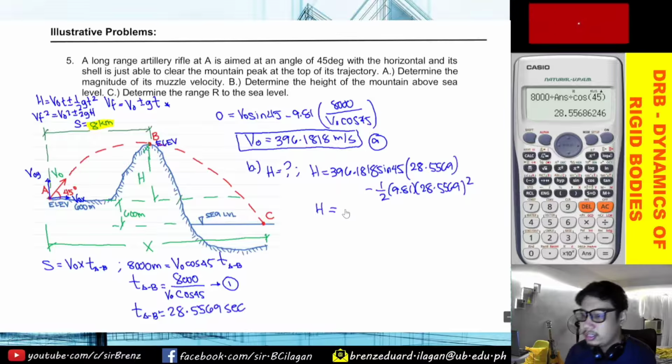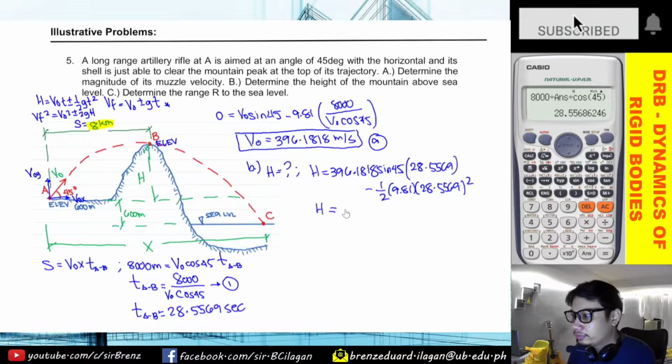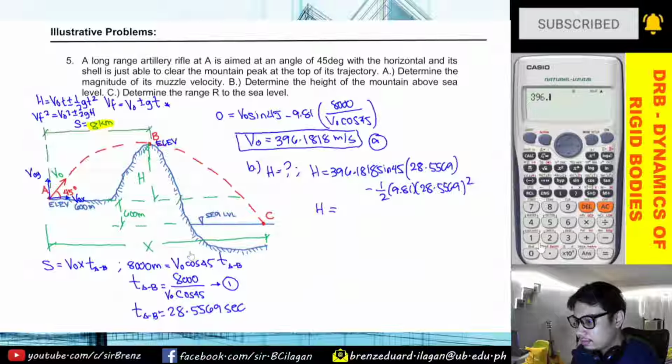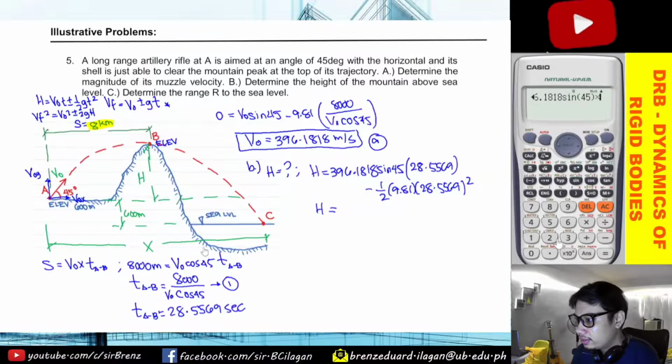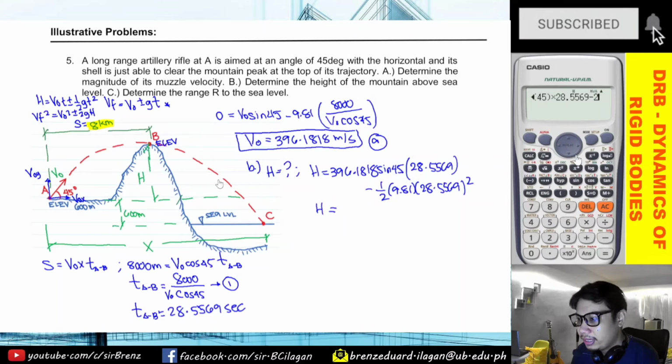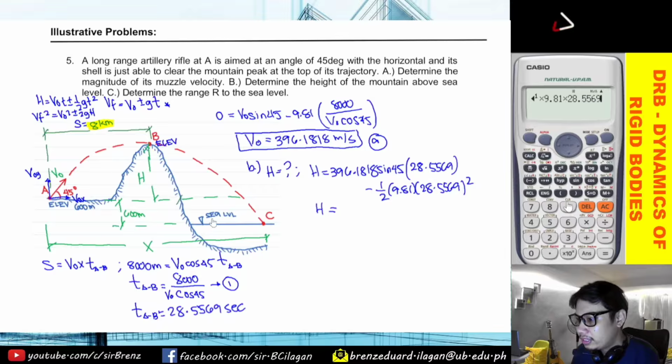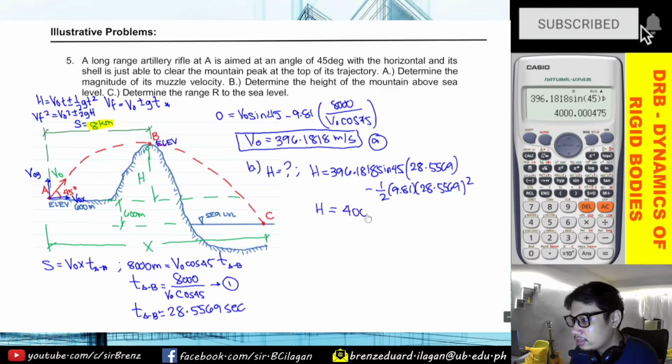So the value of H is equals to 396.1818 sine 45 times 28.5569 minus 1/2 times 9.81 times 28.5569 squared. So the height of the mountain is 4,000.00. Siguro i-round off na lang natin at 4,000.